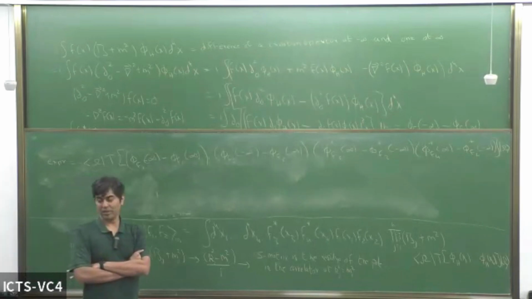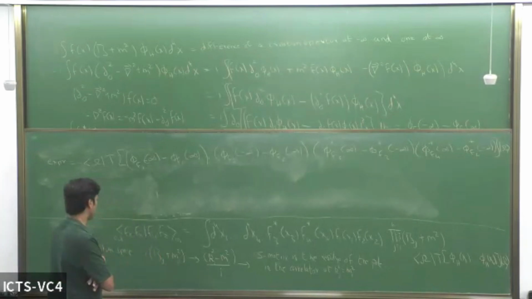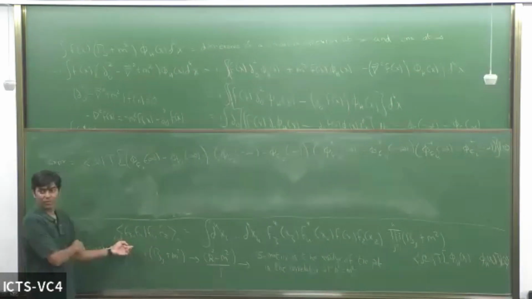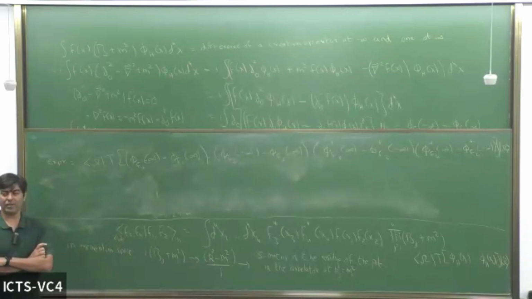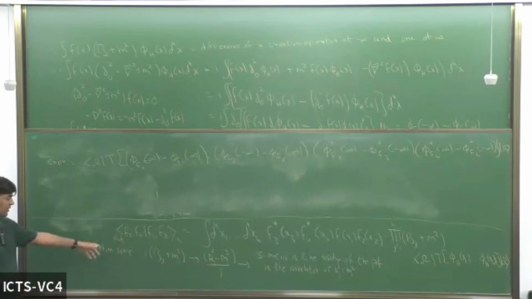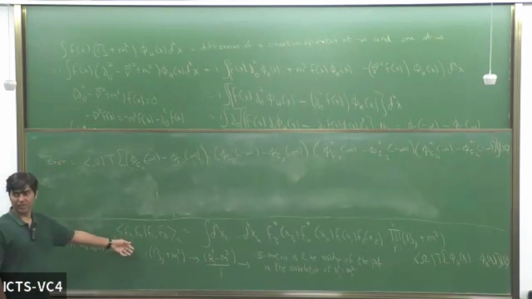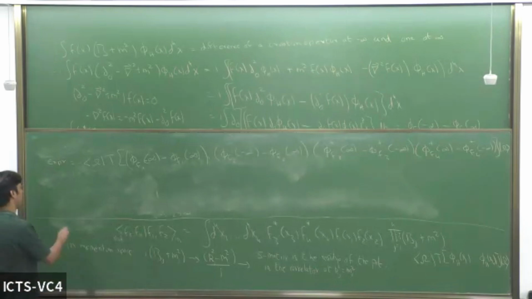That's not what we want to compute. What we had there was something we were calling e to the i integral of H_I from minus infinity. That's not actually the S matrix that we want to compute. The S matrix you want is this. We are using the symbol S for this.